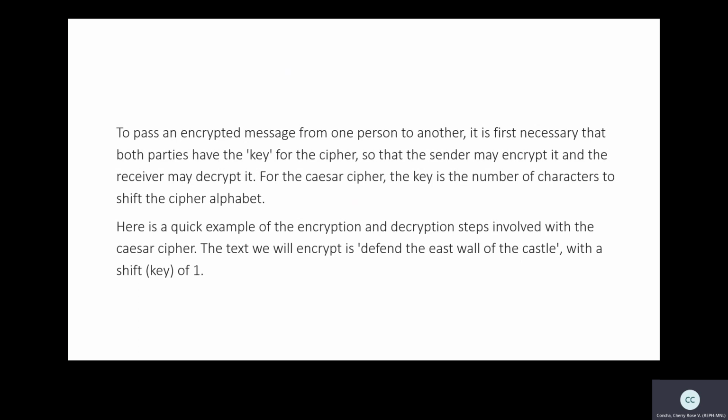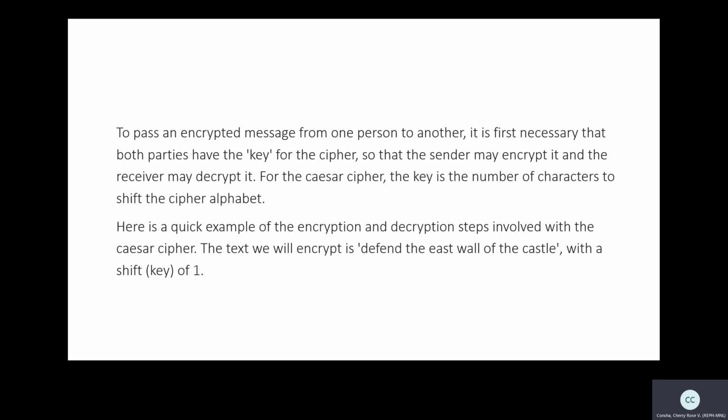So both parties should have the key, so that the sender, I'm the person sending the message, encrypts it, and when the receiver receives it, they can decrypt it. For the Caesar cipher, the key is the number of characters to shift the cipher alphabet.